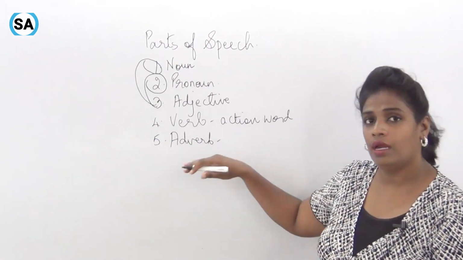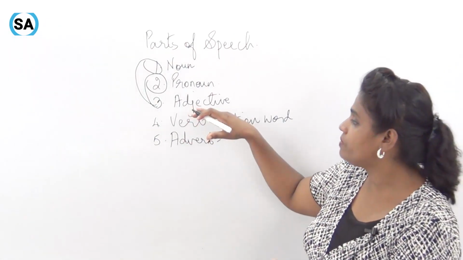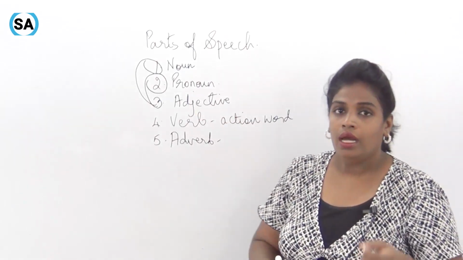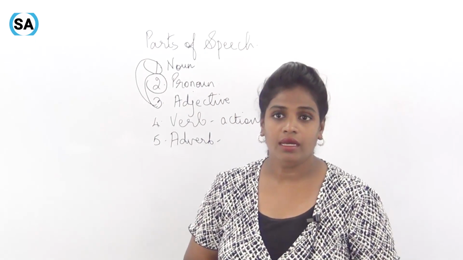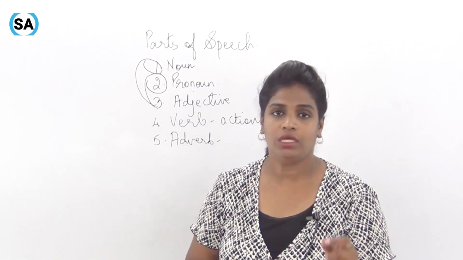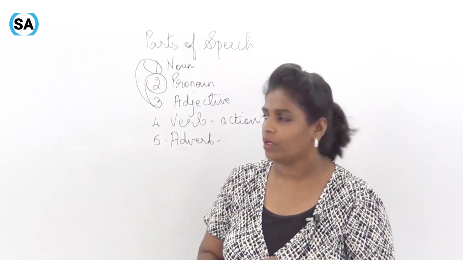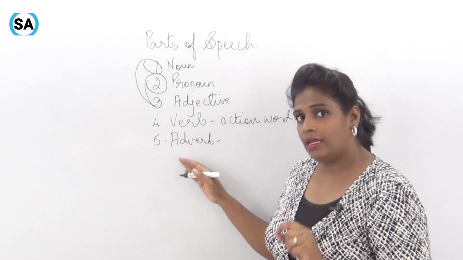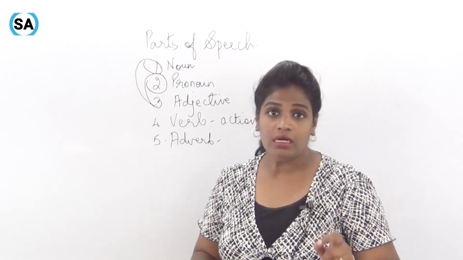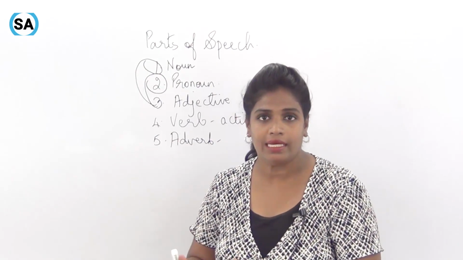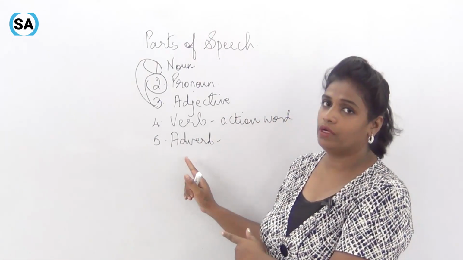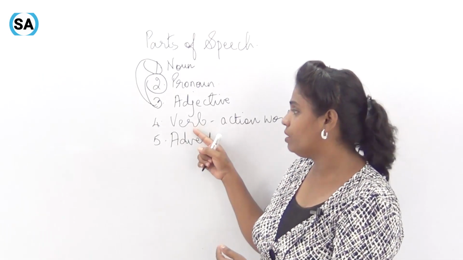adverb. Adverb describes verb. The girl is singing a song. She is singing. Now, if I want to add an adverb, what will I say? The girl is singing sweetly. So your adverb describes your verb.